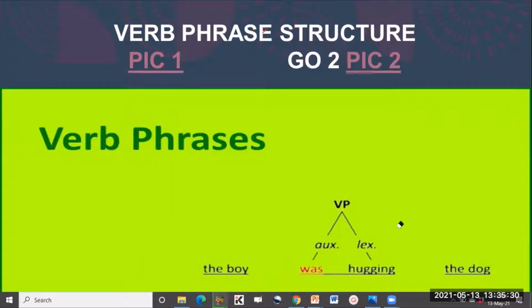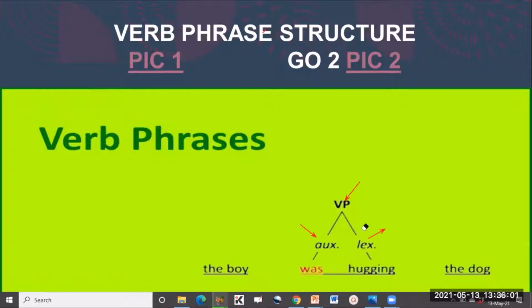Okay, so here we are looking at verb phrases, and we want to look more at the structure of the verb phrase. Verb phrase structure. VP here stands for verb phrase, all right? Then the AUX stands for auxiliary, LEX stands for lexical verb, all right?